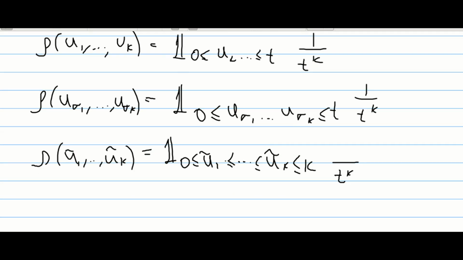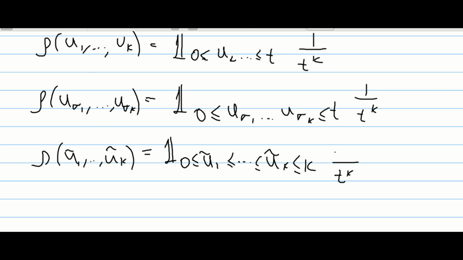But now, how many times can we get this? Because for every permutation, there is a different way to get this. There is a way to get the u tildes that you want. So if I want u tildes to be a certain vector, and I give a permutation, there is a way to choose the u's such that the permutation will be the u tildes.